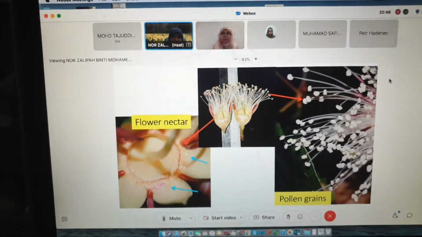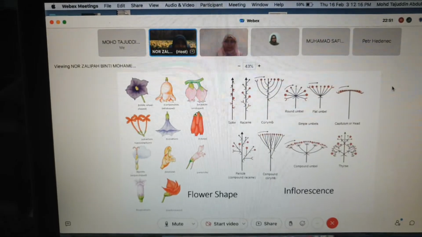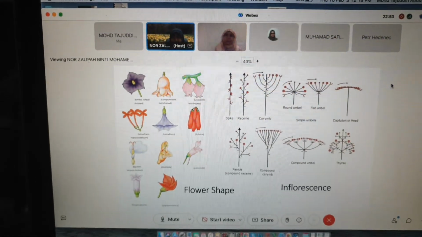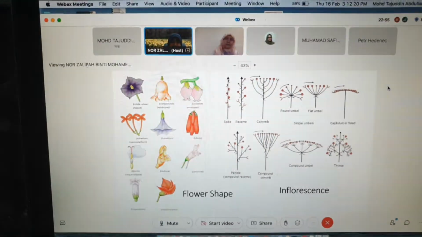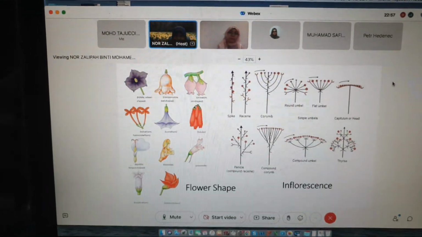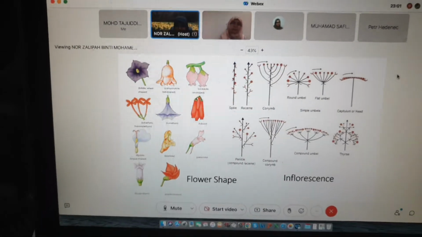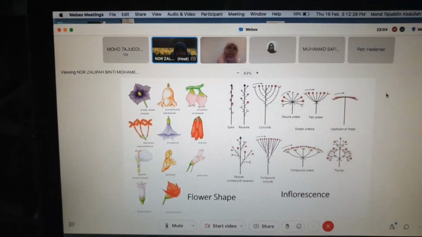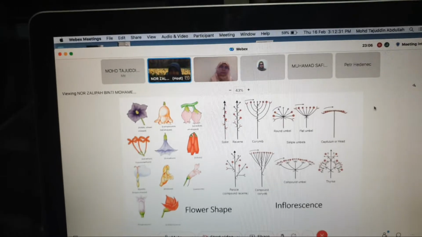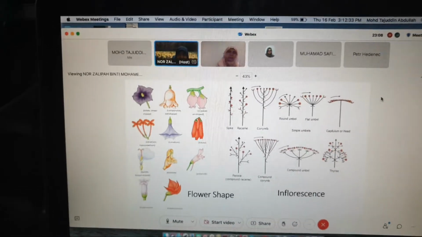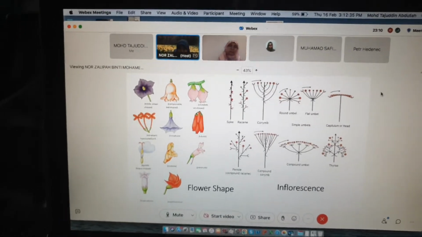So for the flower shape, the color of the petals especially is the visual cue to attract the insects to come to the flowers. So the flowers use the service of these insects in their reproduction, which is the pollination of the flower.